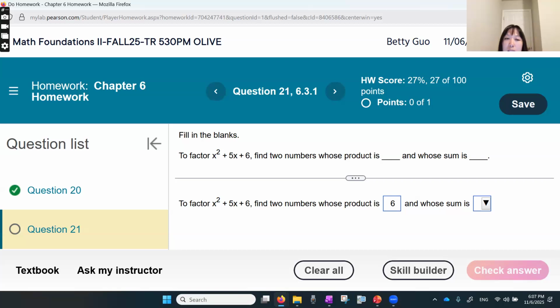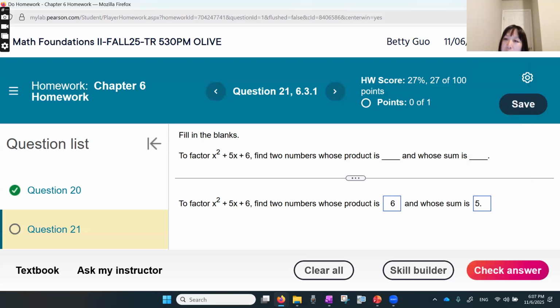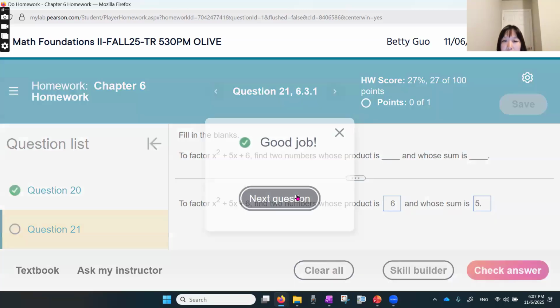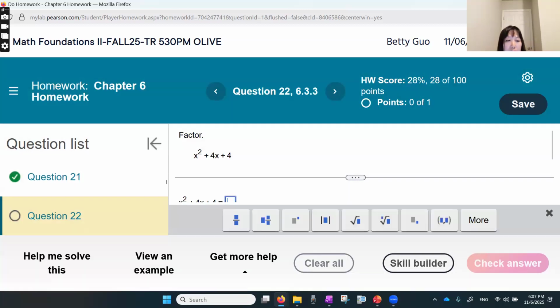Okay, this is a quadratic trinomial with leading coefficient 1. That's the shortcut method we're going to use. So the two integers we need to find must multiply to C and add up to B. You've got to remember this, okay?